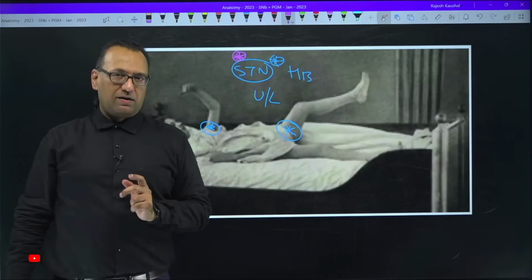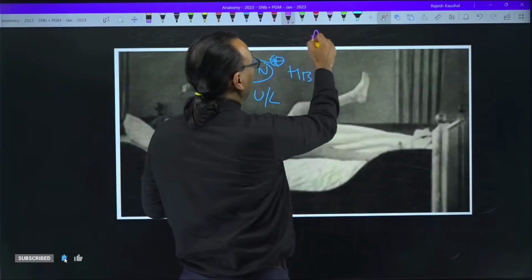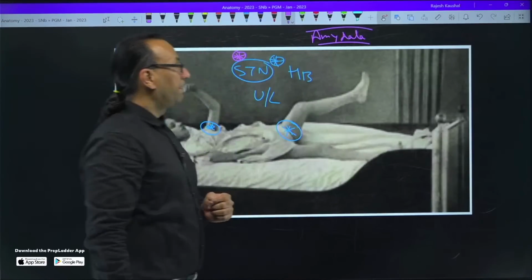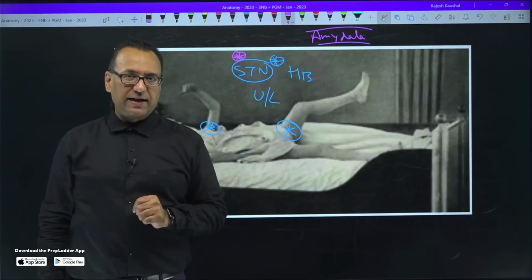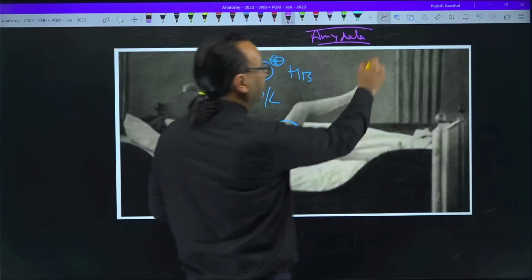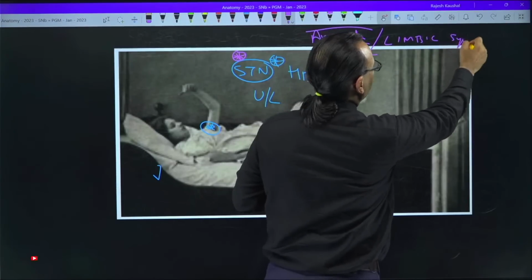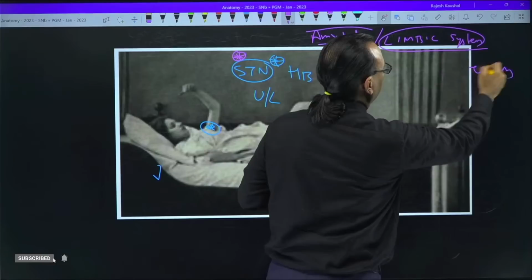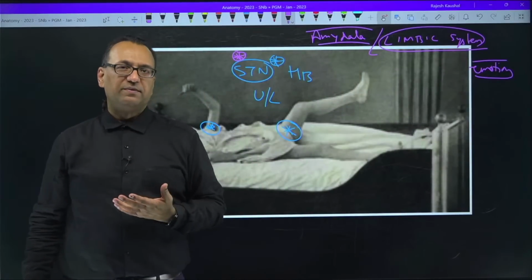Is amygdala a part of basal ganglia? This question comes. Is amygdala a part of basal ganglia? You say yes, amygdala is a part of basal ganglia, but amygdala is more a part of the limbic system. What is the limbic system about? The limbic system is about emotions. Which emotion? Fear.